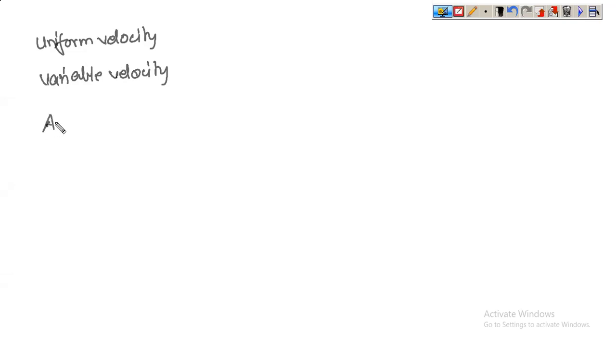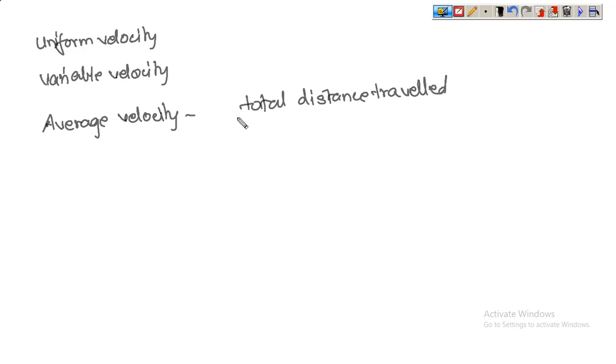Now, you have average velocity. Average velocity means this is the total displacement, or you can say the total distance traveled, and this is the total time taken.